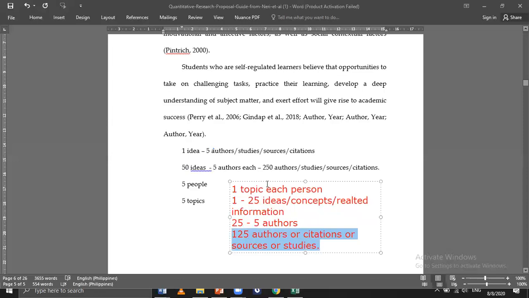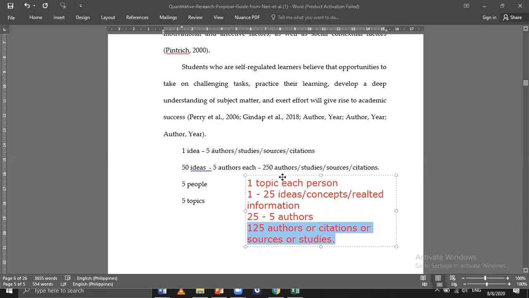So actually that's why it's not really that hard. What's hard is to look for the idea, the researches, the concepts. But in terms of the number of authors to cite, no, because there are a lot of studies in different countries, same topic but different countries, so they are different studies. They only have the same topic.